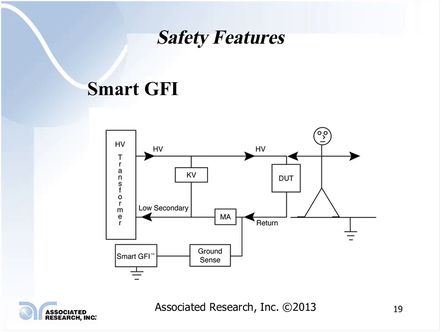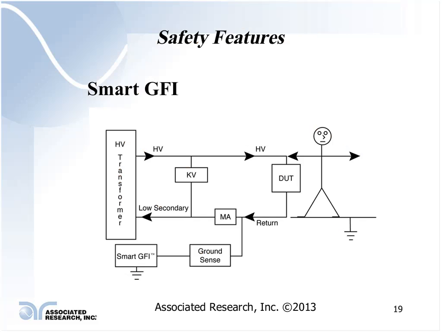Okay, some of the safety features that have been added: a GFI circuit. I think everybody knows what a standard household GFI does. It looks for an imbalance of current flowing between the line and the neutral circuit, and it figures if for some reason this current is not the same, it's taking an alternate source back to the supply through ground. That alternate source could be a person.